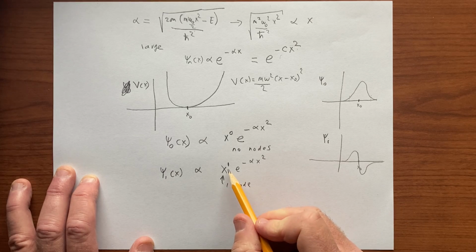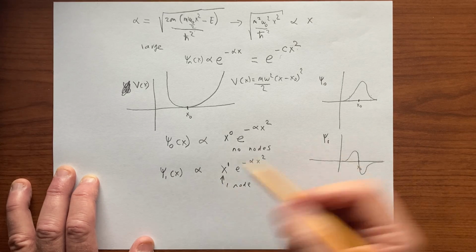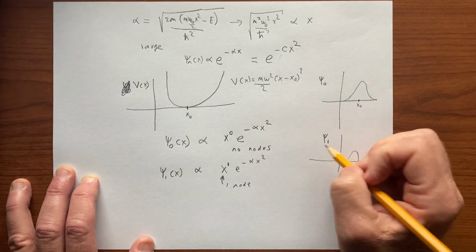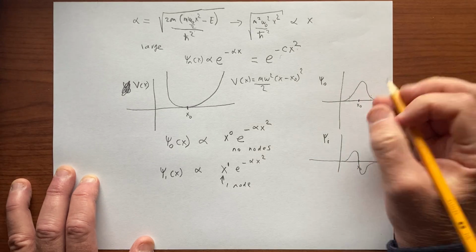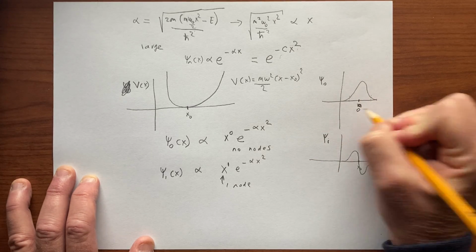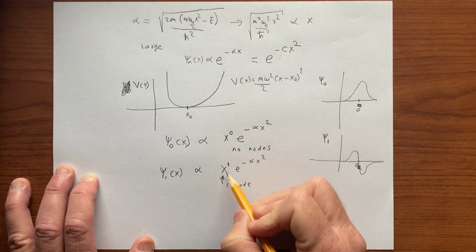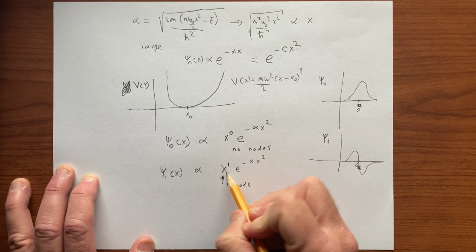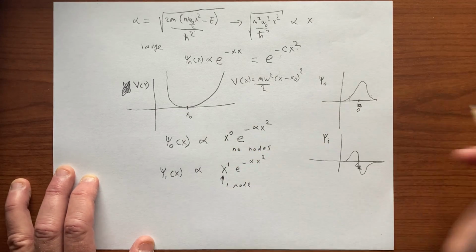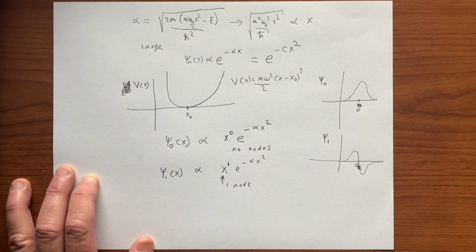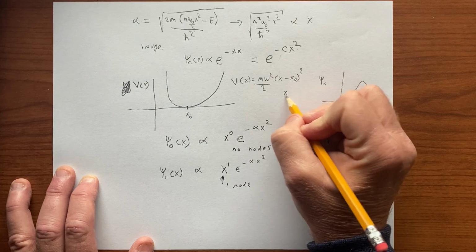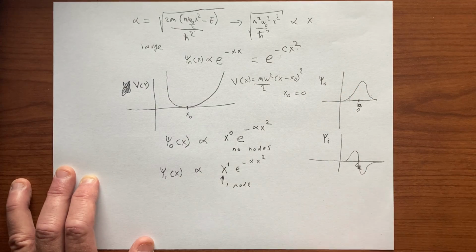Actually, sorry, I need to shift this. So let's go back and make this equal to 0. So this is x equals 0, and the node is actually at x equals 0. The ground state does not have a node. So in this case, x naught equals 0.